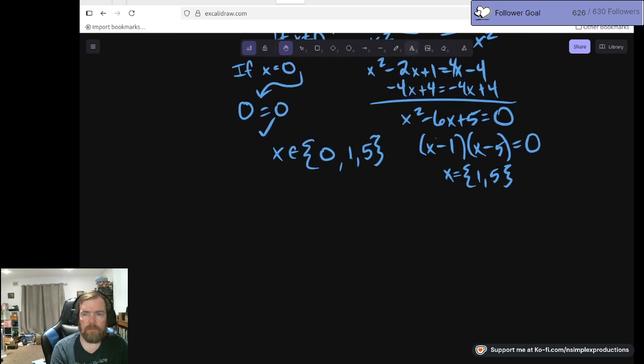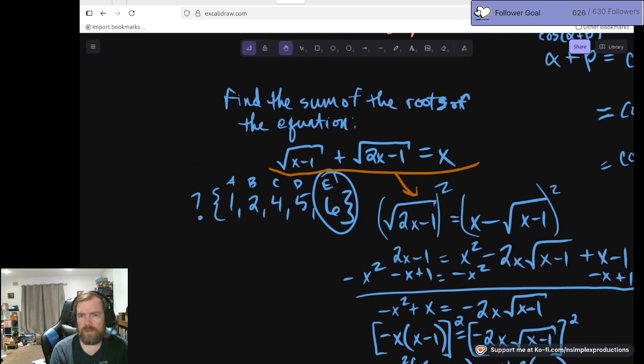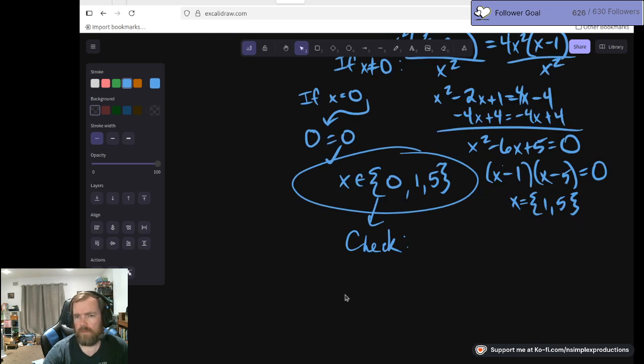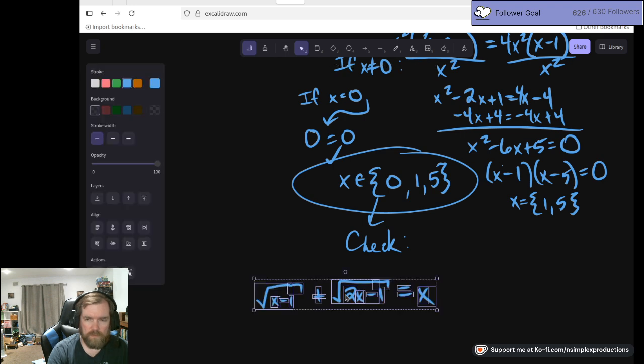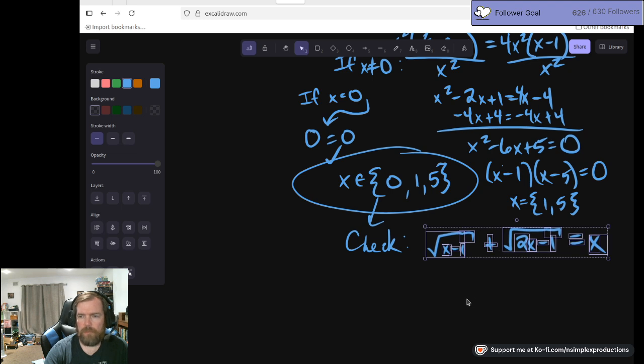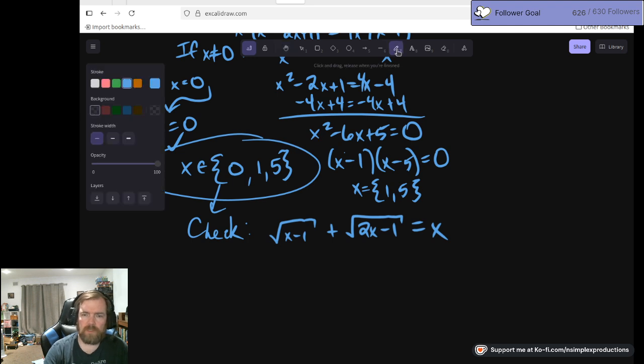Okay, then we should check these versus the original equation. So again, this is... so we did check from above the 1 and the 5.